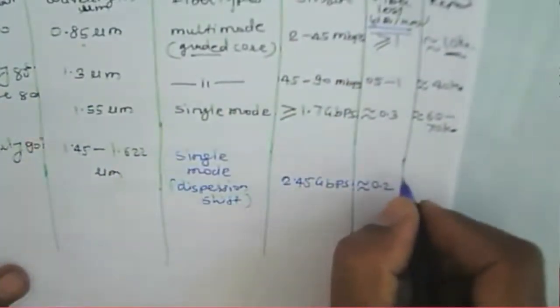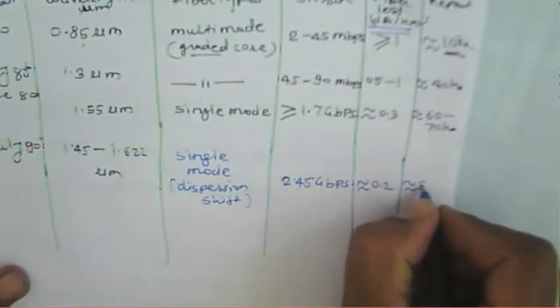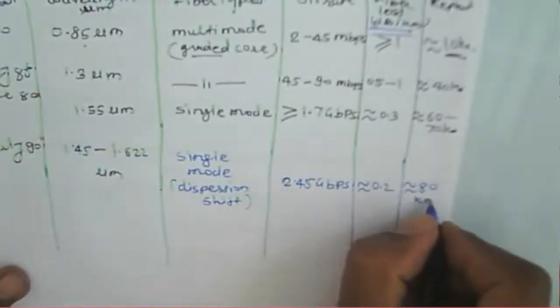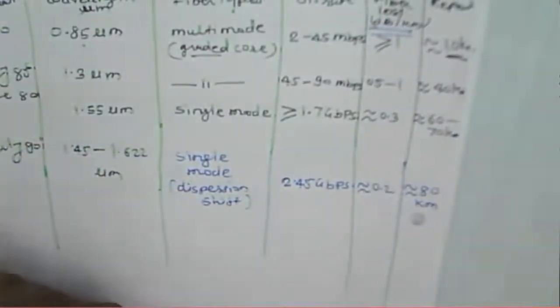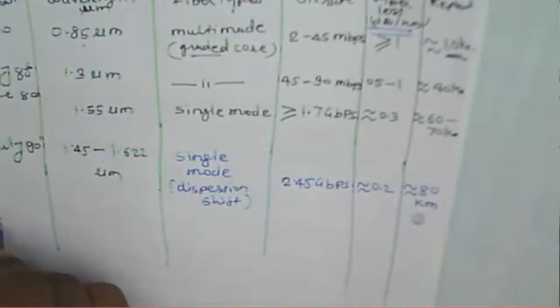Everything is in dB per kilometer. Repeaters are to be used after 80 kilometer.